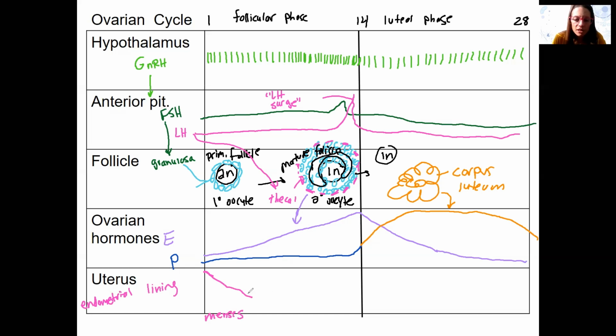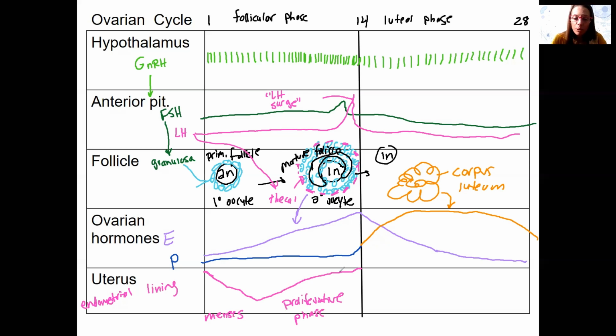Okay, so let's start with this proliferative phase here. That's occurring due to this increase in estrogen. These estrogens are causing proliferation, meaning cell division, growth, mucus production, healthy, thick, goopy tissue that's ready to be implanted by a fertilized egg, a zygote.